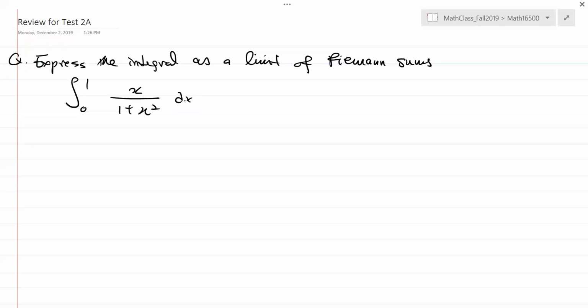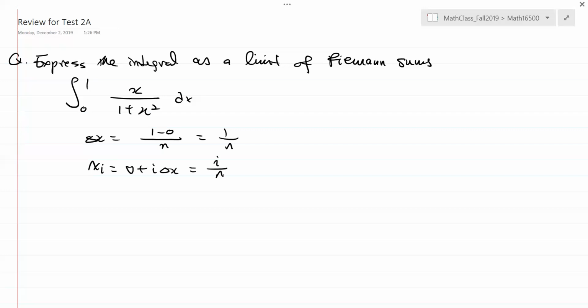This is a continuous function, so we can use a Riemann sum. You can choose delta x to be (1 minus 0) over n. And you can choose a special Riemann sum, which gives 0 plus i delta x.